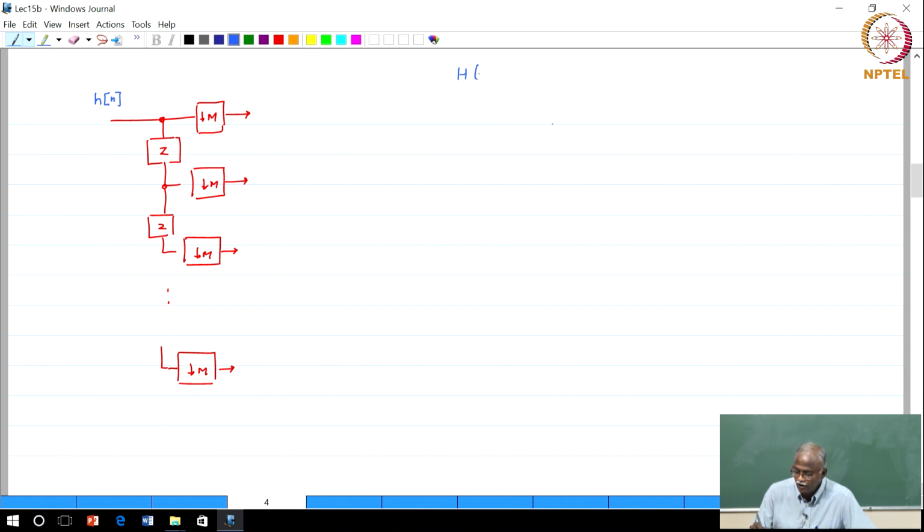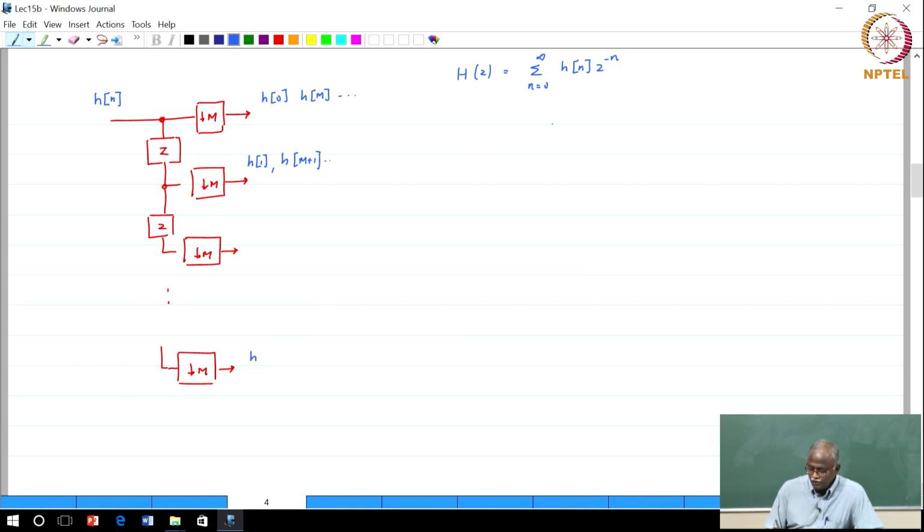So H of z, let me assume it is a causal filter, is the summation over n equal to 0 to infinity of h of n z power minus n. So this is a causal filter, and now I want you to tell me what comes out at this point. This will be h of 0, h of m, dot dot dot, those are the first branch. Second branch is h of 1, h of m plus 1, dot dot dot.